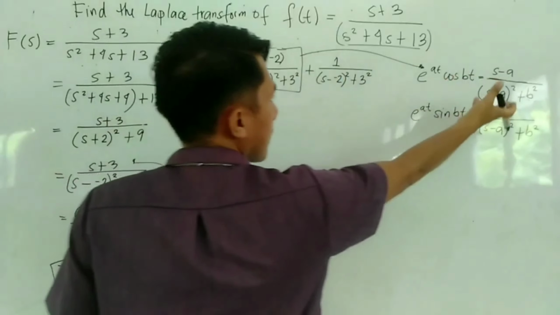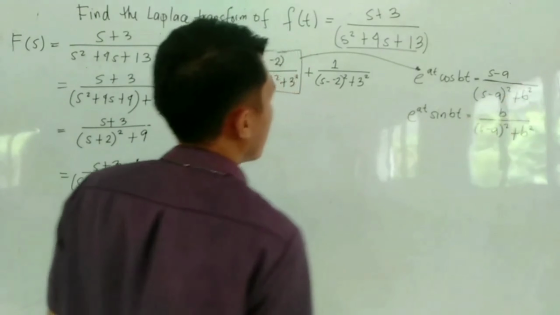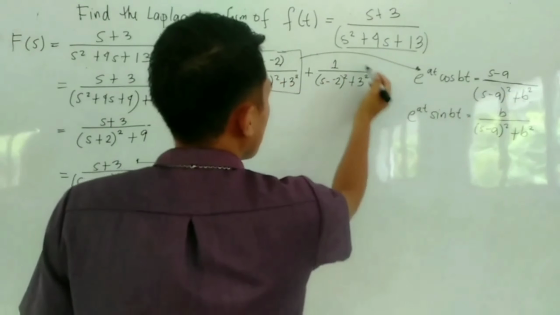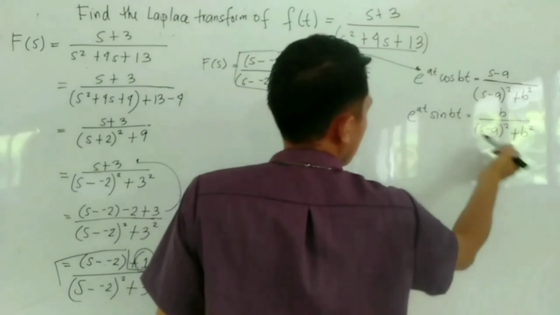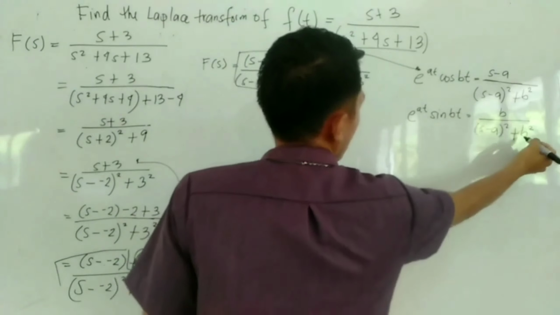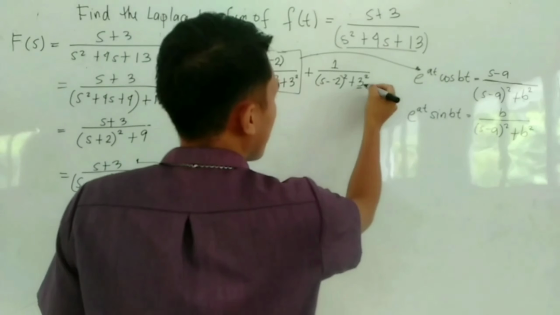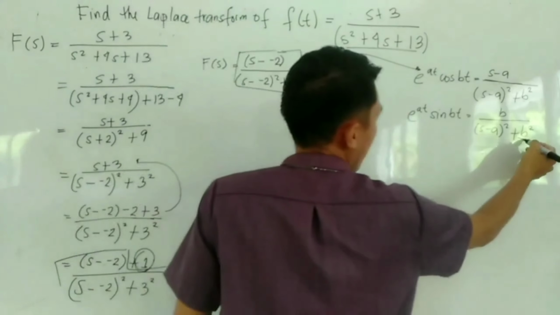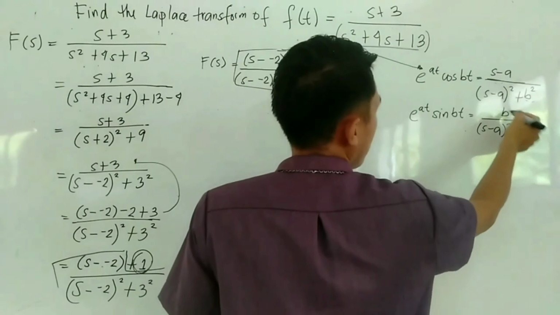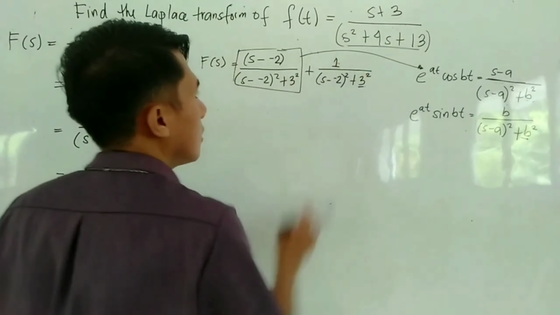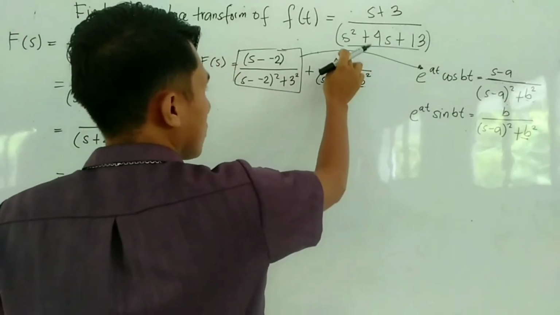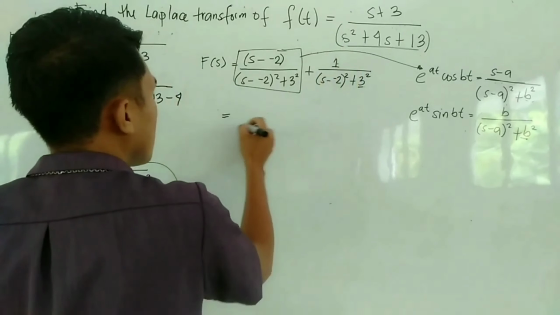This is the equivalent Laplace transform, but this one is not yet equivalent to this equation. The value should be 3 here, the same as the value for b. So we have to change this one into the value for 3.